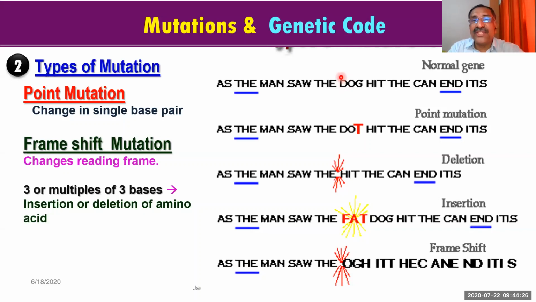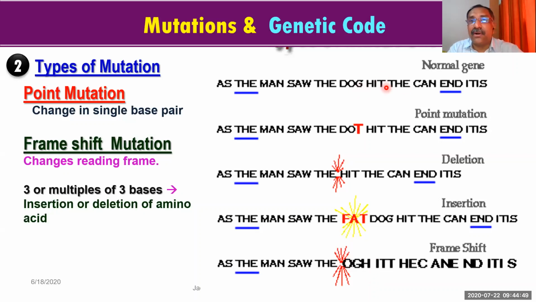So when you remove this D, what is happening here? Look at that. Where has this change happened, where has this nitrogen base been cut off? From there onwards, look. You are not in a position to read.